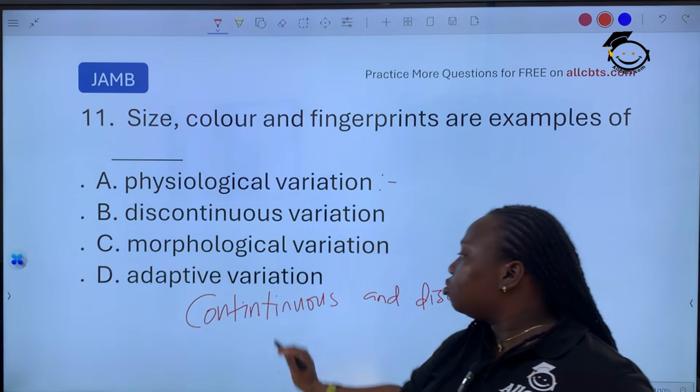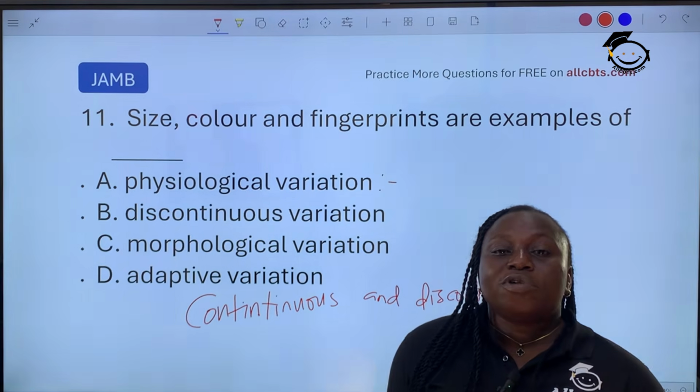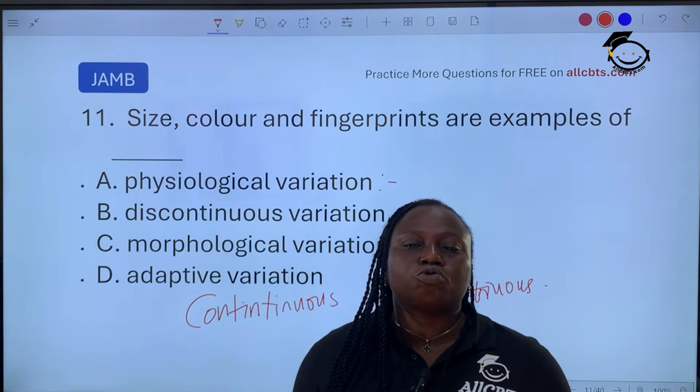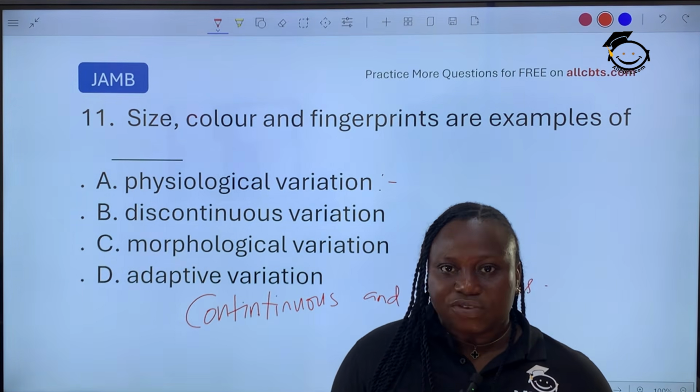Continuous is a kind of variation that is not broken down into straight categories. It's not broken down into a specific category.